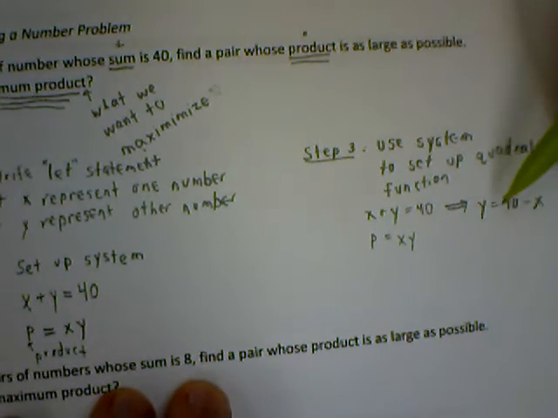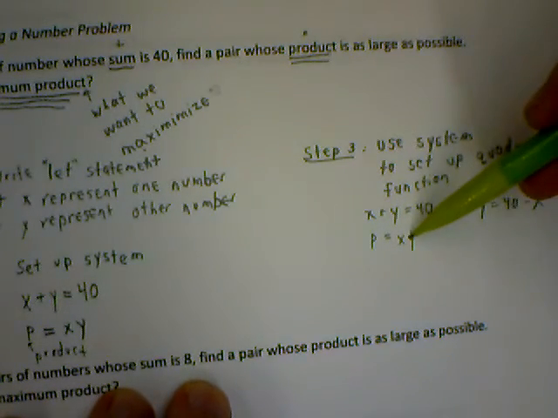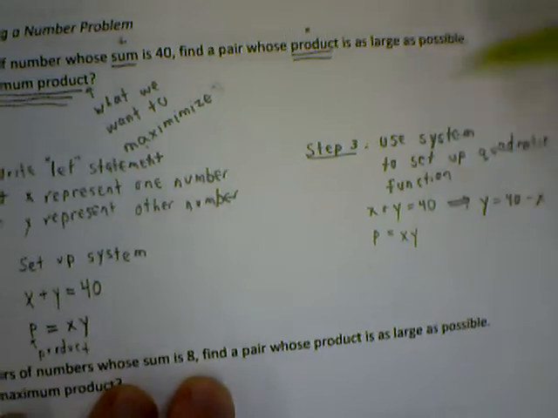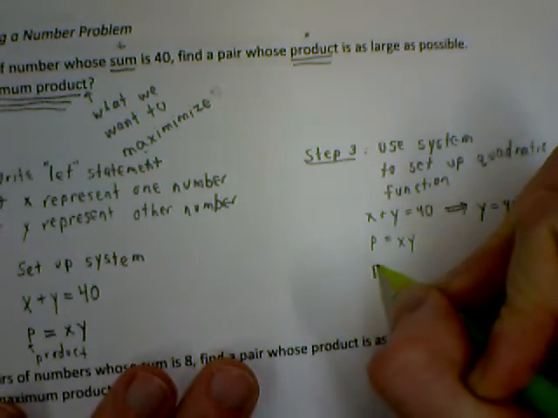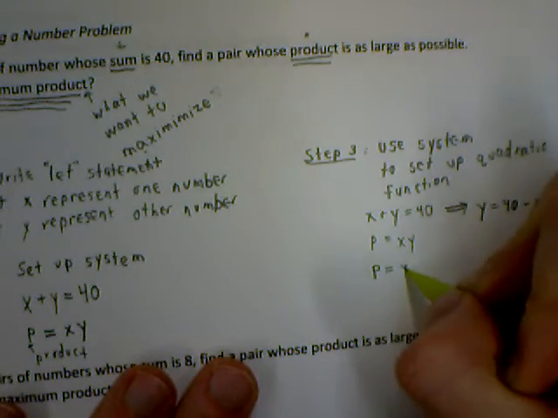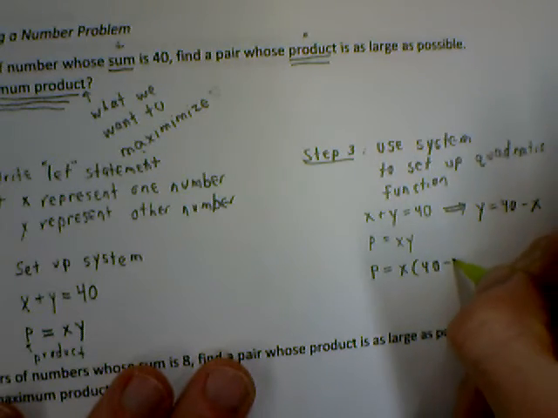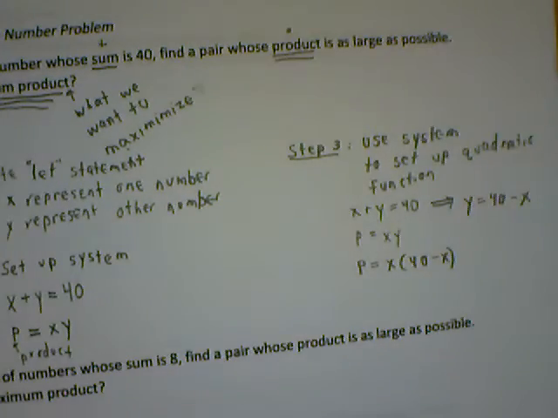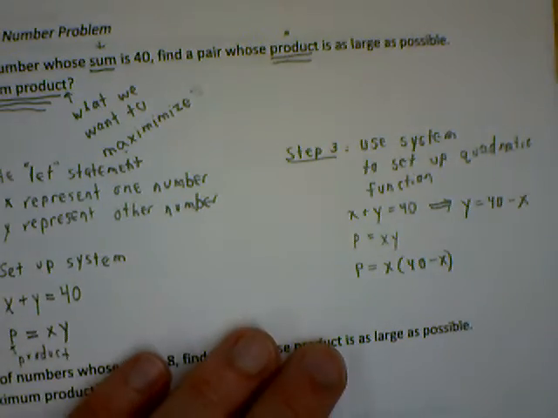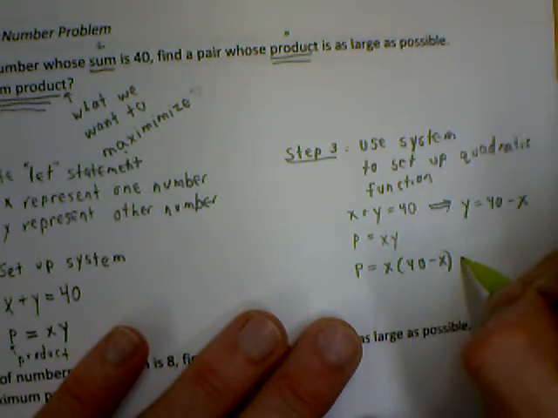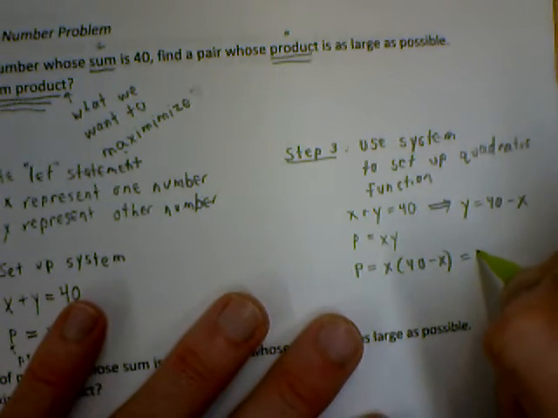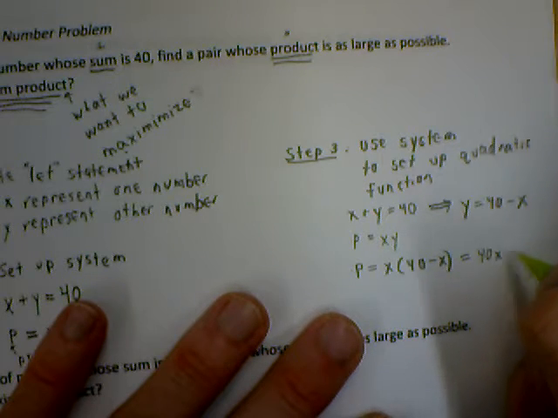Now in the other equation, I substitute 40 minus x in for y. That means I'll have p equals x, and now instead of writing y, I'm going to write 40 minus x. Using the distributive property, I'll get 40x minus x squared.